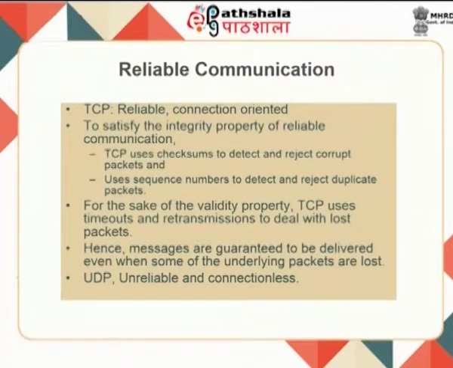AWS, for example, uses UDP to a very large extent. On the other hand, Google App Engine does not allow UDP to be used, it only uses TCP. So, depending on the kind of reliability that is required by the environment, we can decide whether to use a TCP cloud or a UDP cloud.